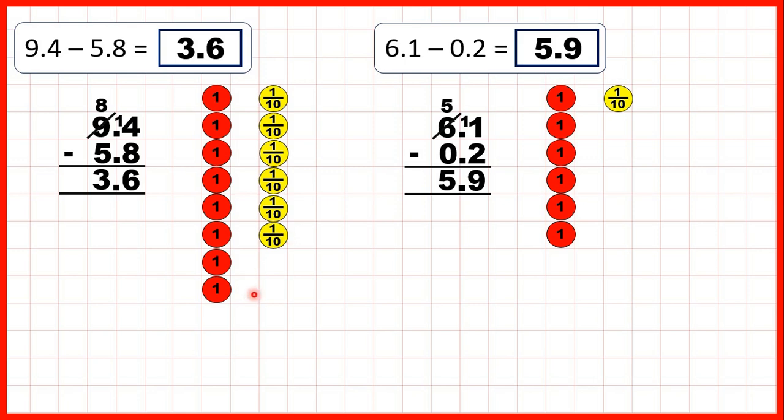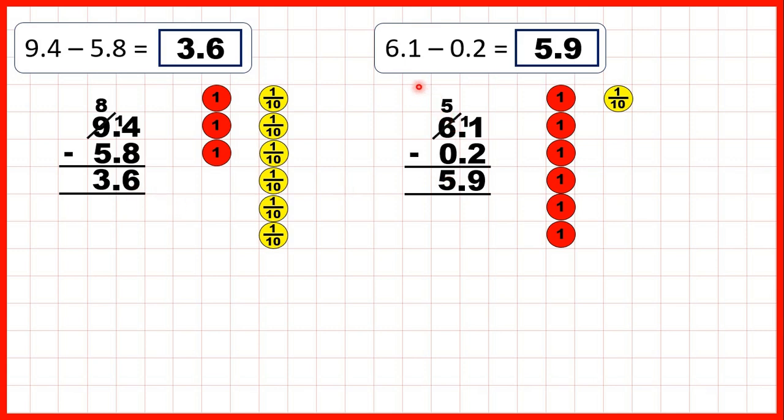You also saw that we had to exchange one of our wholes for 10 more tenths, so now we only have 8 wholes, or 8 ones. If we take 5 away, let's subtract 1, 2, 3, 4, 5, that leaves us with our answer 3 ones and 6 tenths, so 3.6.